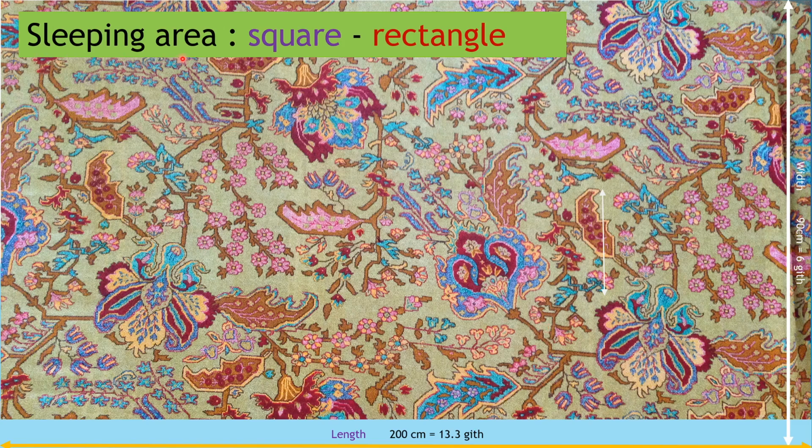Sleeping area. In daily life, where do you need a plane? Sleeping, to sleep, square to rectangle. If sides are not equal, two sides are equal and two are longer, it is a rectangle.